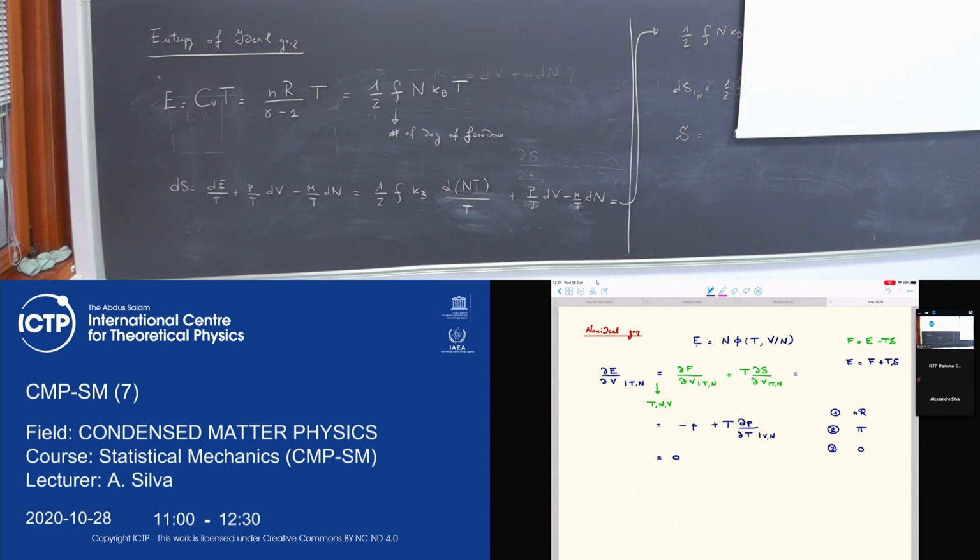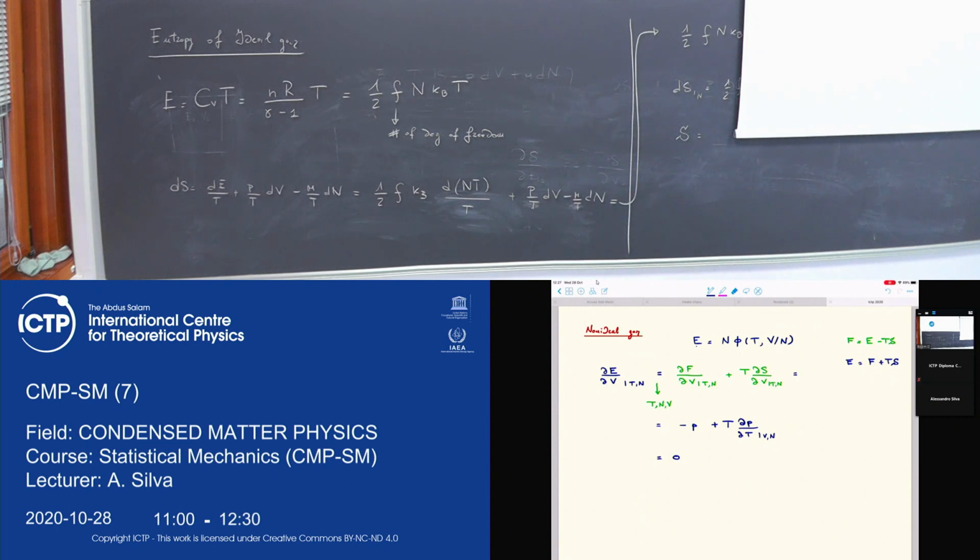Now, the question is, what happens if the gas is not ideal? Well, we will see it next time, because now it will take me too long. I was hoping to finish all of this today, but we had some problems. Next time, what I would like to do is to show you how to compute this and the variation, for example, of temperature with the volume.